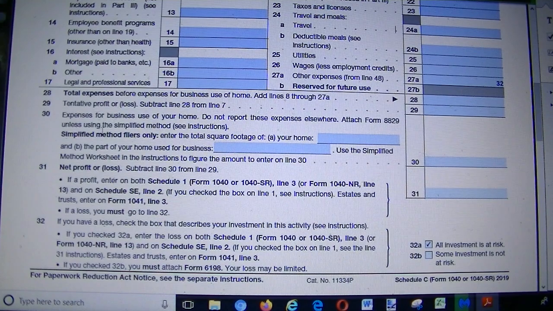So if you have the expenses well organized, you are just one step away from filling up the form yourself.